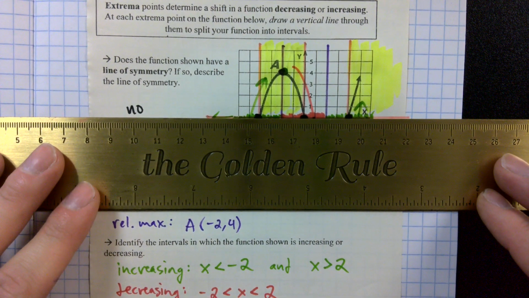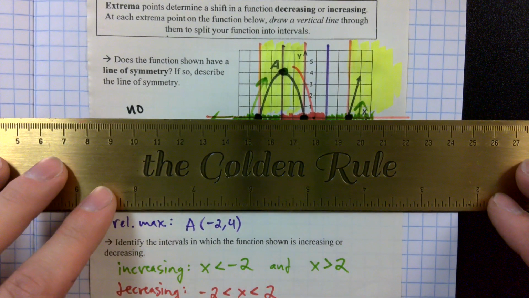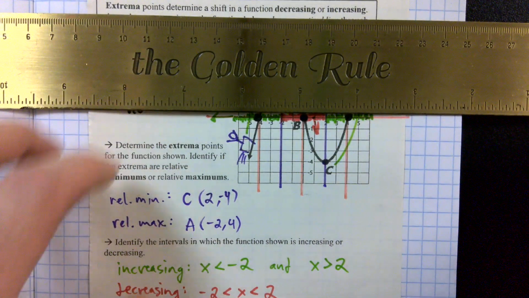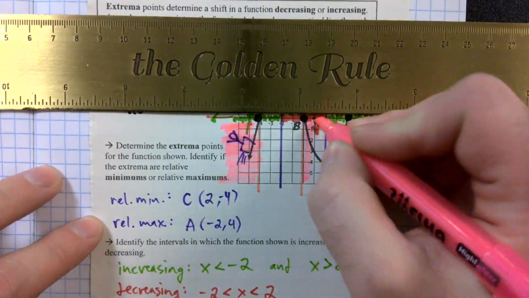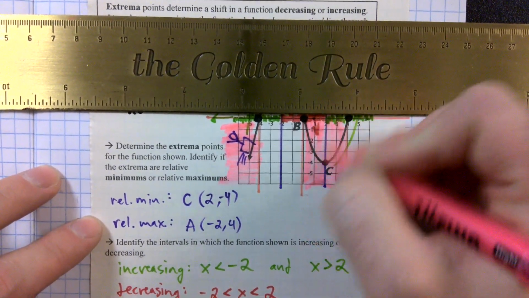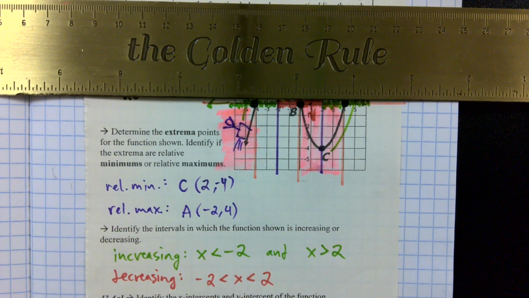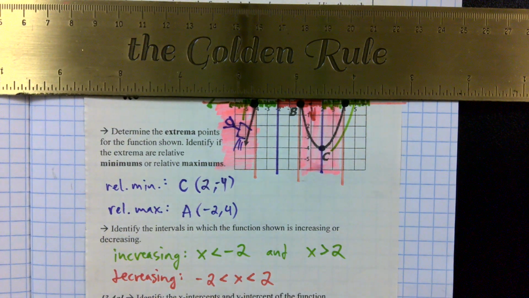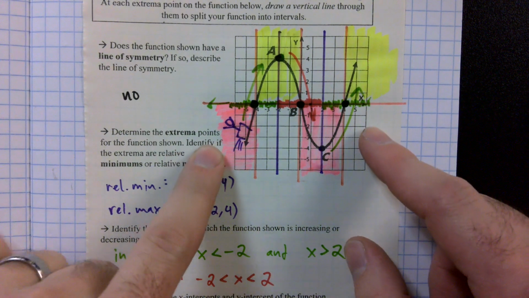I'll give you guys a moment to do that. Then I want to look below my x-axis, and in my secondary color, whatever it may be, I'm going to highlight this section over here to the left and this self-contained section that includes my minimum point C. So our graph should look like this, where my little squiggly line, my roller coaster, is only passing through highlighted sections.